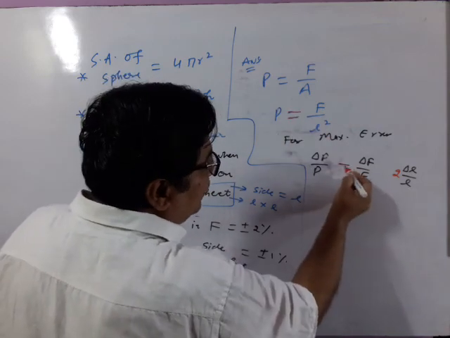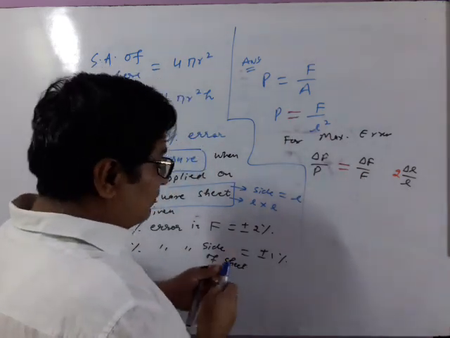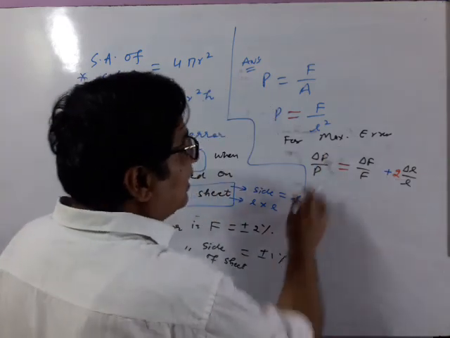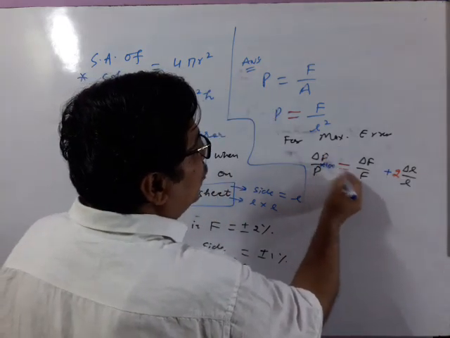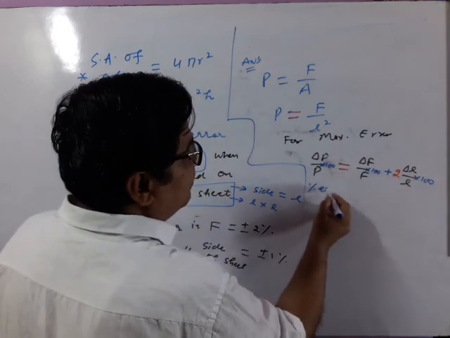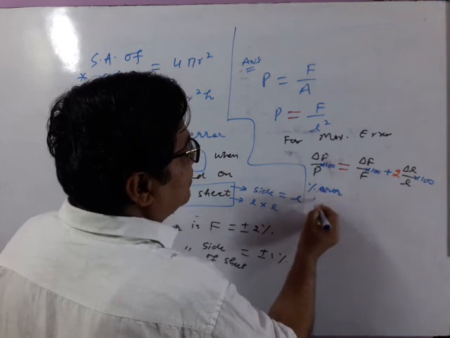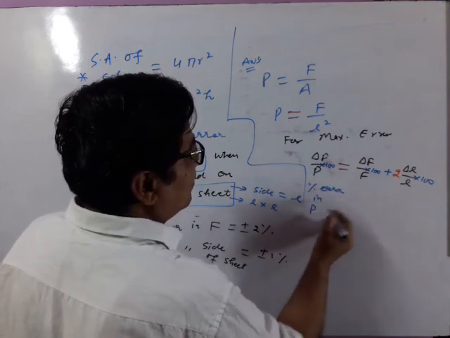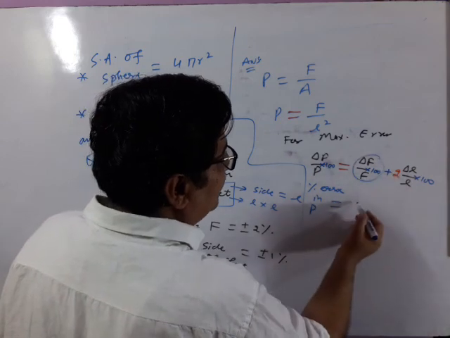Now since we are finding max error, put plus sign as well as multiply both sides by 100. So this is percentage error in pressure and this is percentage error in force.